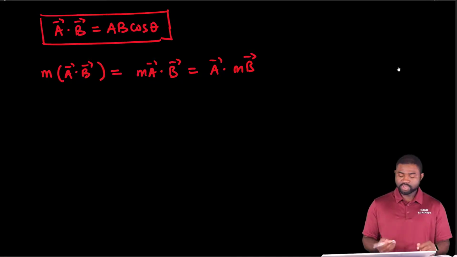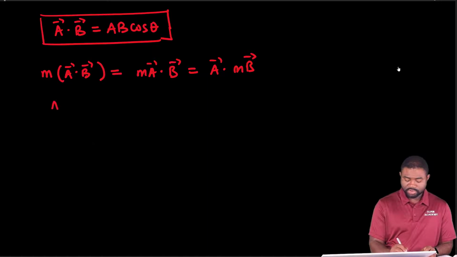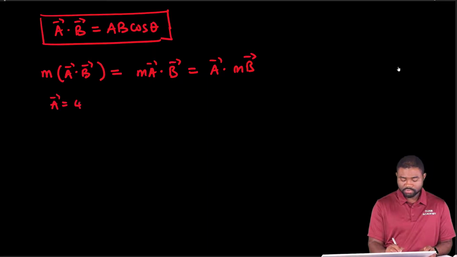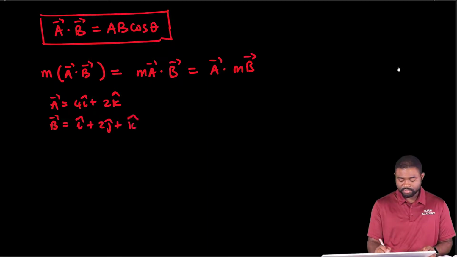Now let me give an example. Suppose that you have a vector A equal to 4i plus 2k and a vector B equal to i plus 2j plus k.